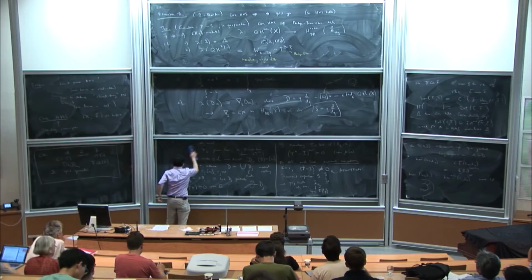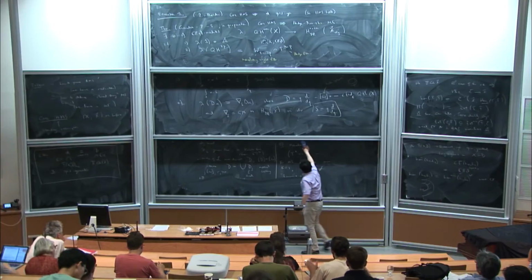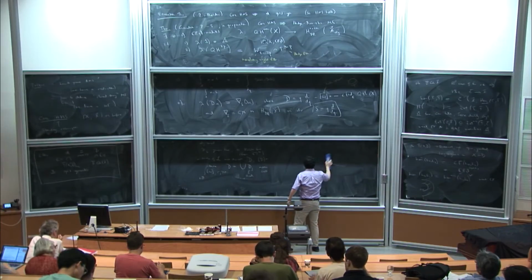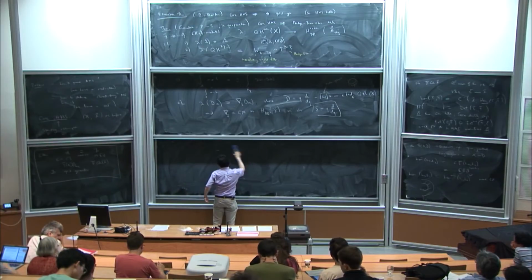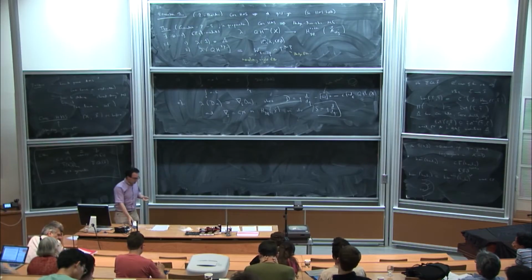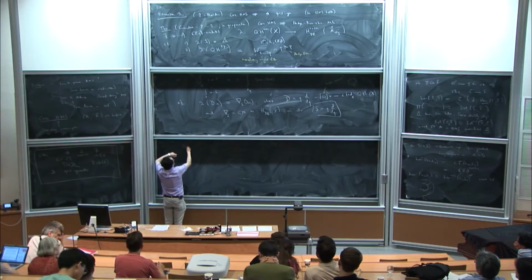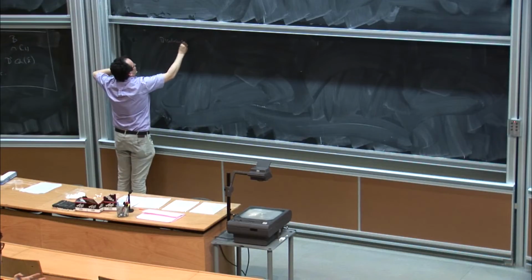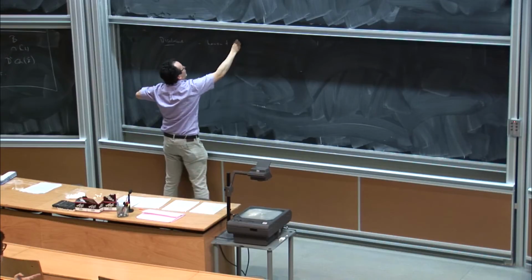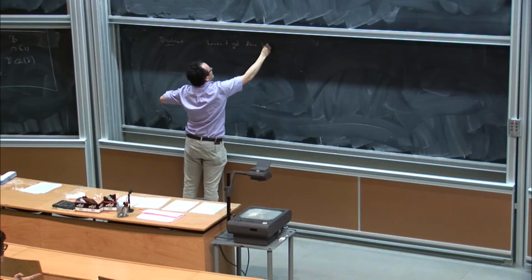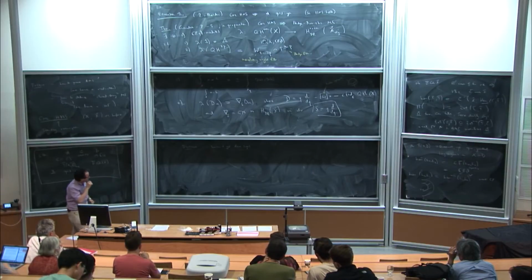To begin, I should make a couple of admissions or disclosures. We're writing this up. So one admission is that we've not yet done orientations and their attendant pesky signs. Though I think to a large extent we've done what else we need to do.